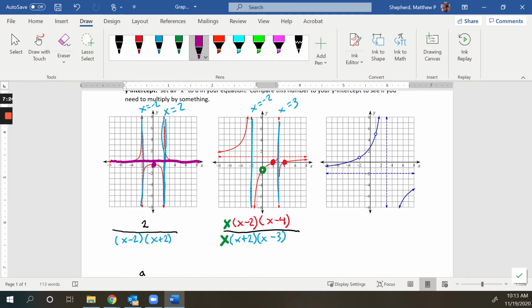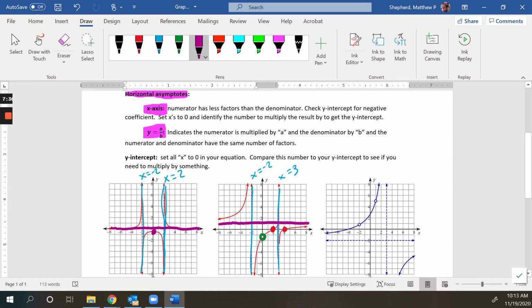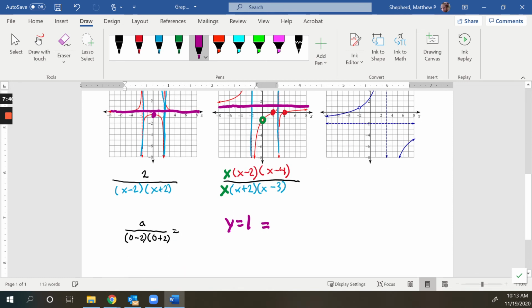Our final step is we're going to look at the horizontal asymptote. Our horizontal asymptote is at y = 1. Now, from up above, I said we want a over b. So to make it a fraction, just put a 1 under it.